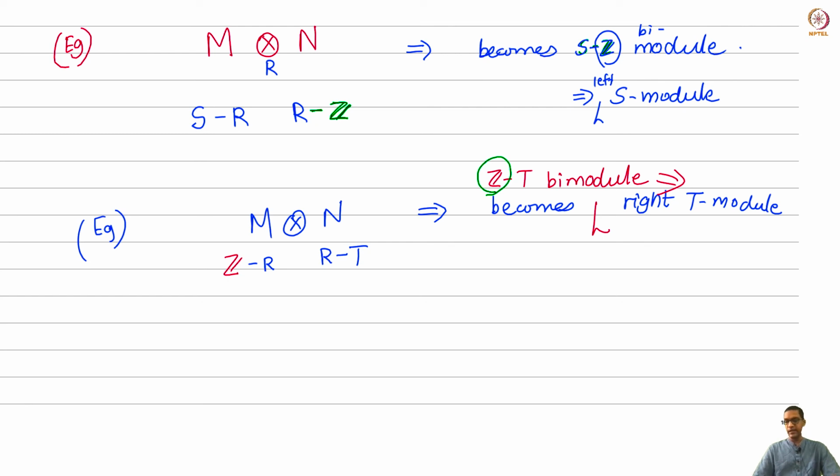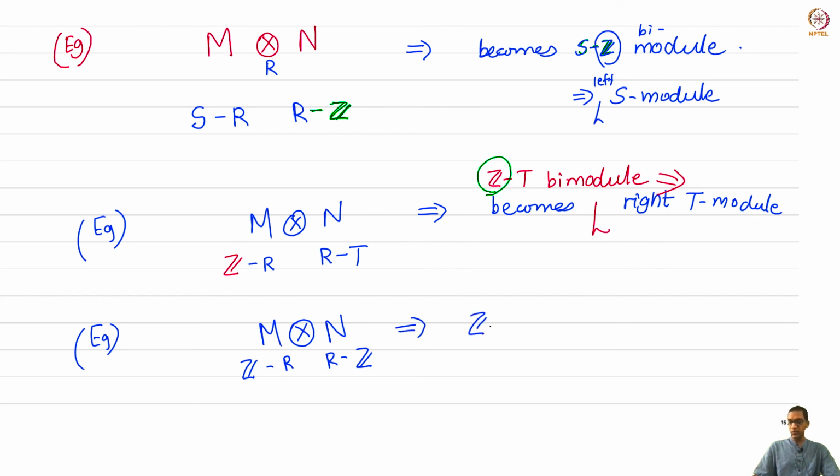So these are all various ways of remembering this, and in particular this goes back to the original structure we had of the tensor product. If M and N didn't have any further structure other than this being a right R module and that being a left R module, then I can just put Z's on both sides. Think of this as a ZR bimodule, and that as an RZ bimodule.